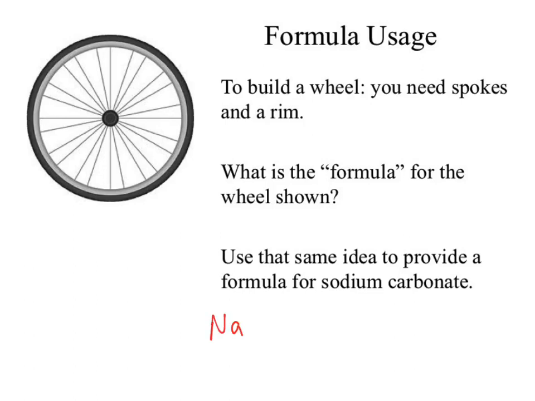What is carbonate? CO3. Is this the proper formula for sodium carbonate? So if I now ask you to build the wheel of sodium carbonate, what are the component pieces that would need to go into it? Well, we'd look at the wheel, the formula, sodium carbonate, and I'd say, well, one sodium, right?